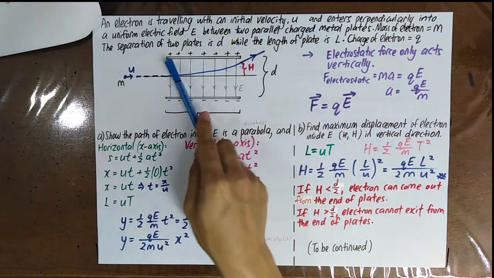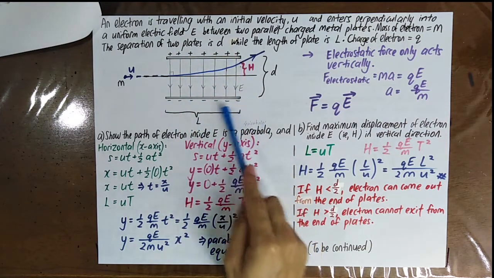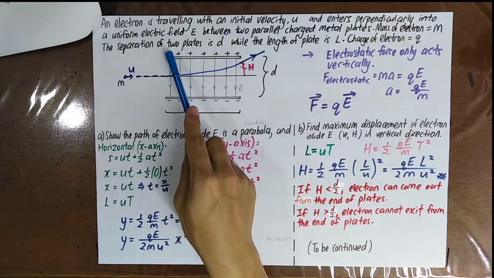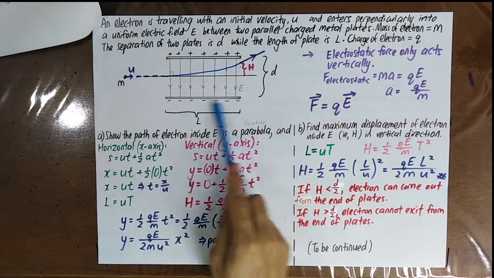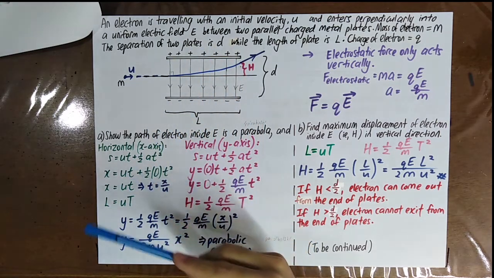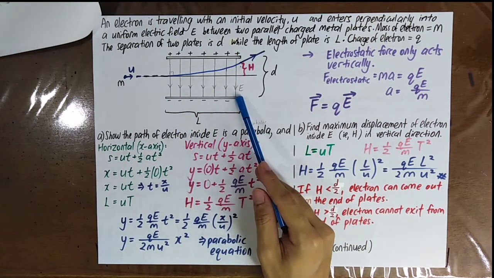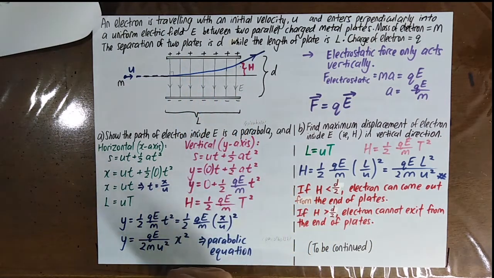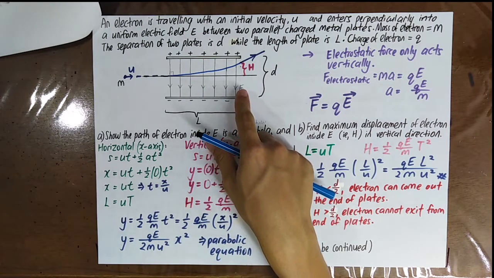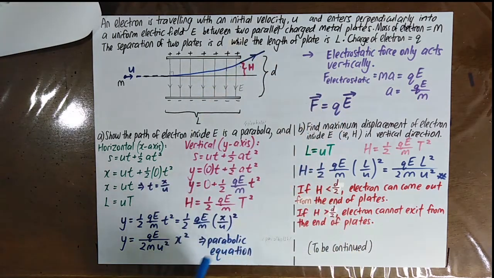So now, when you see two parallel plates, one positively charged and another negatively charged, you know that the electric field will point from the positive charge to the negative charge. That means that the electric field is now pointing vertically downwards.